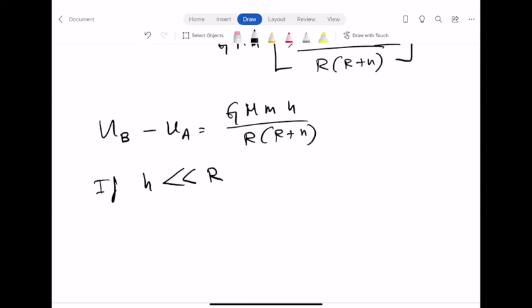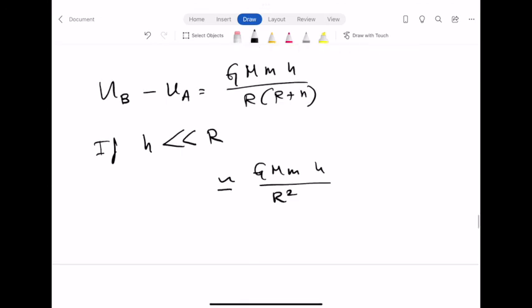So the denominator is effectively just r squared, because this r plus h is essentially r. In that case, this just becomes GMm h divided by r squared, and I shouldn't say equals, I should say approximately equals. So I made the assumption that h is very small in comparison to r.